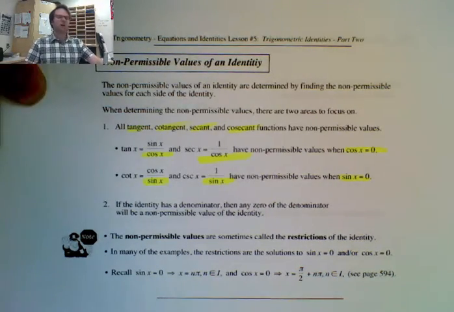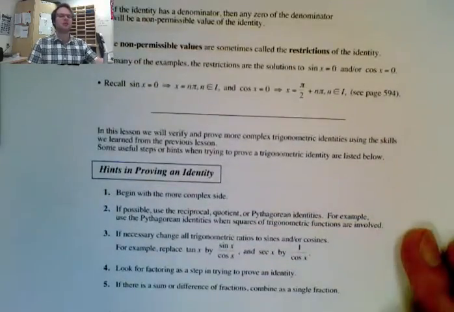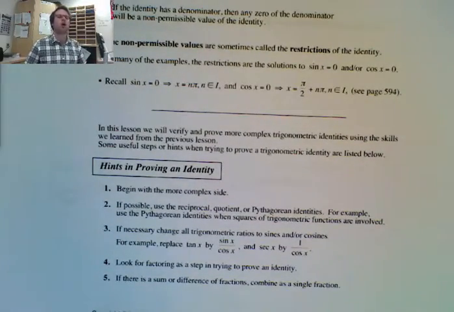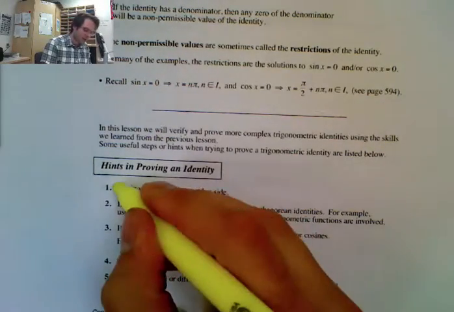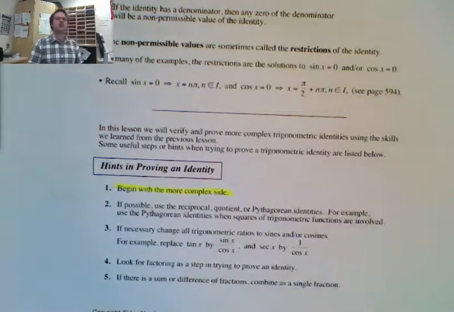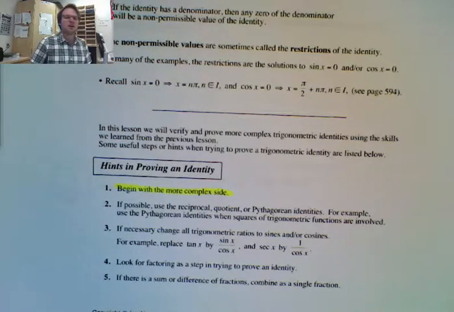Now, we're also going to need some hints on how to solve more complicated trigonometric identity questions. The first thing we should always do is begin with the more complicated side and try to make it less complicated. If possible, we use our reciprocal, quotient, or Pythagorean identities.